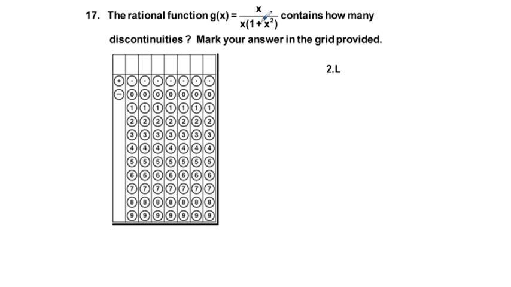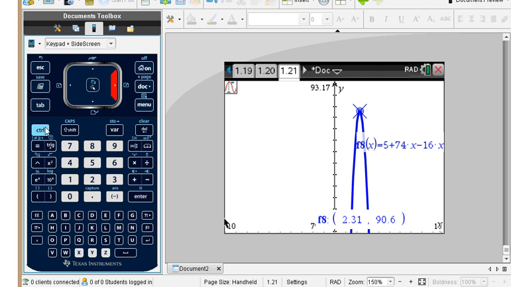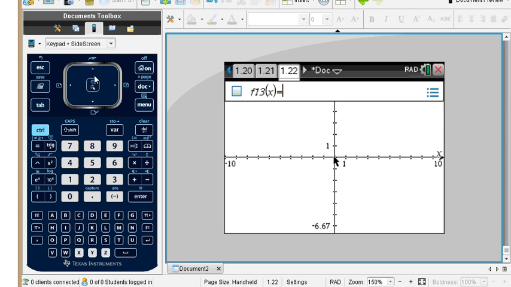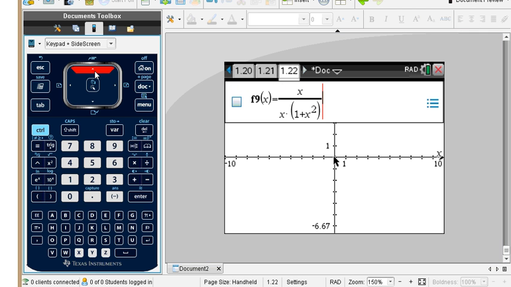There's no way that 1 plus x squared can equal 0 because x squared can never be negative. For 1 plus x squared equals 0, x squared would have to be negative. That's impossible with real numbers. But really, a way to do this, if you go to Control I, again, I pre-entered this function, and here it is.